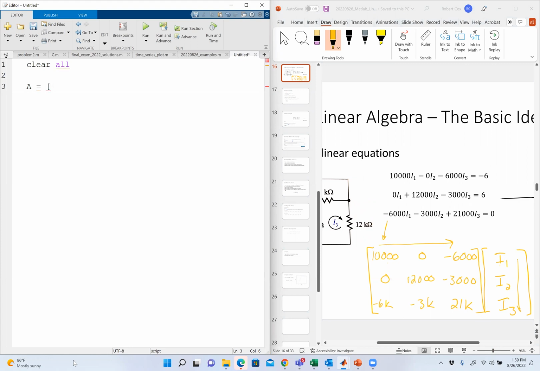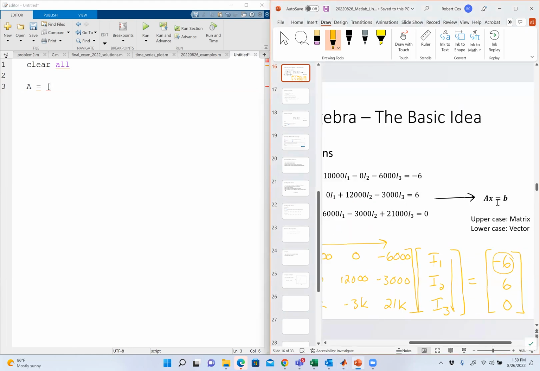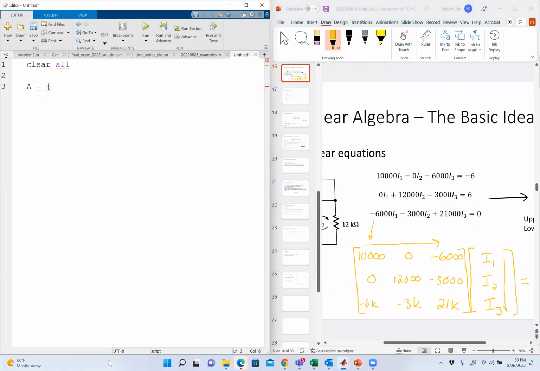I've got to put it in square brackets. I was using the form AX equals B, so X is the unknown, and I have A and B. How would I set up A? A is this matrix here.